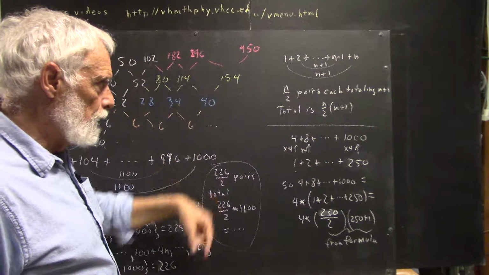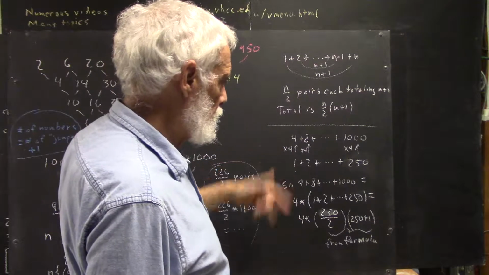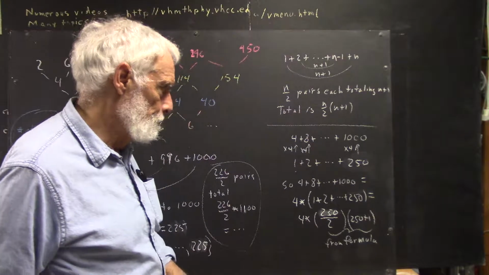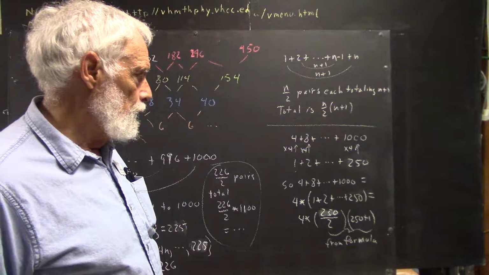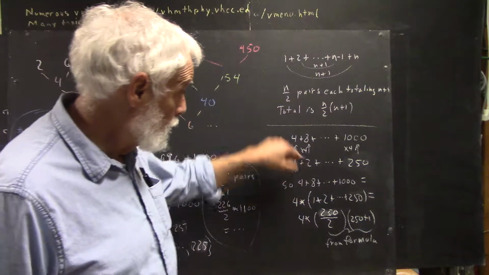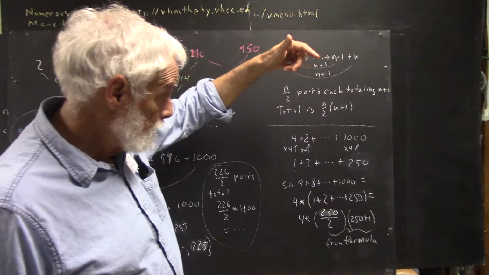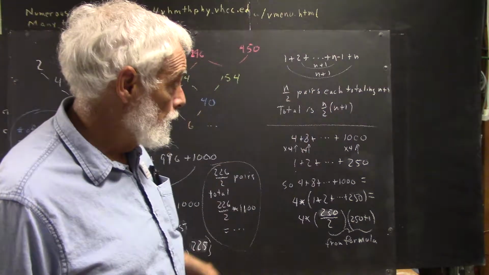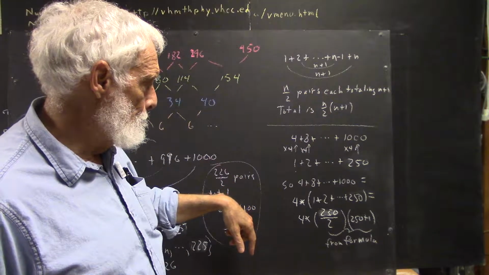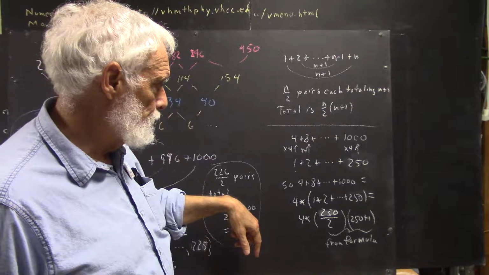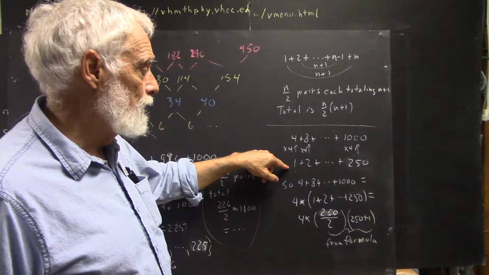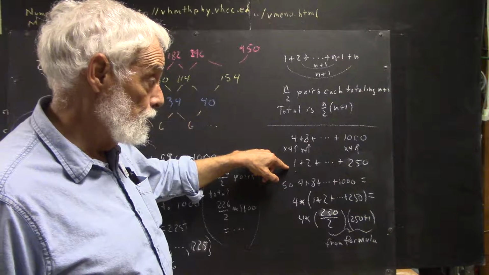So by pairing up sequences, you can actually think pretty clearly about how to form a sum. In any case, for the numbers from 4 to 1,000, pairing them up, you see that there are 250 of them, and each of these numbers is 4 times each of these. Okay?